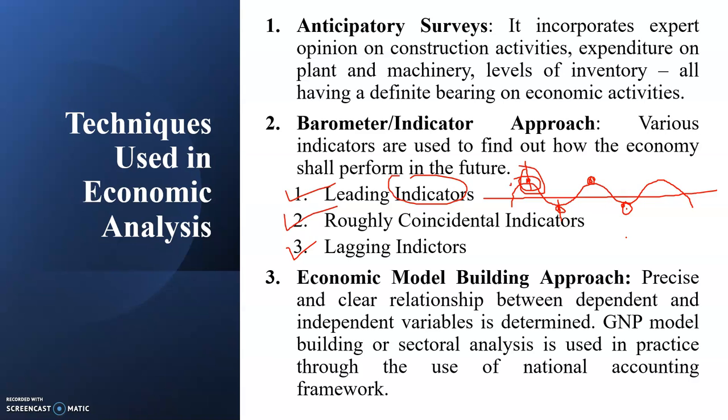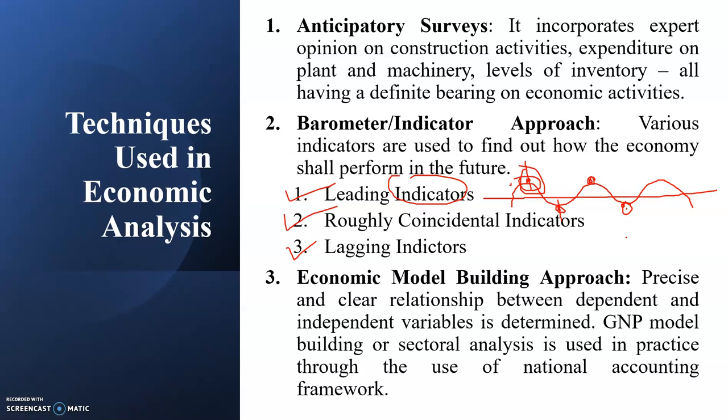Then we have the index of industrial production. These are items which go hand in hand with the economy. The better the economy, the better the industrial production. The poorer the economy, the poorer the industrial production. So these are coincidental indicators.